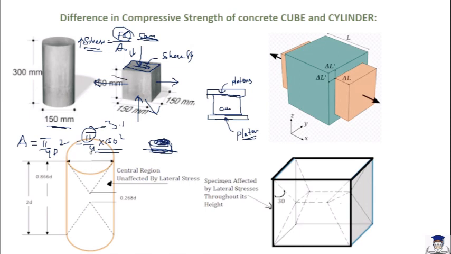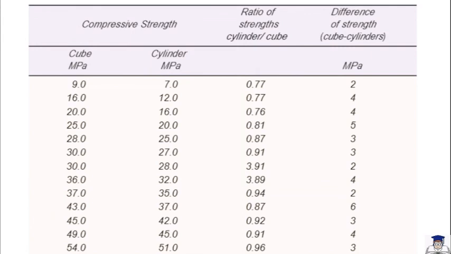For example, if a concrete cube fails at something like 20 Newton per mm square, this cylindrical specimen, which is made of the same concrete as the cube, may fail at a different value. The table here will help you to understand the differences in these values.